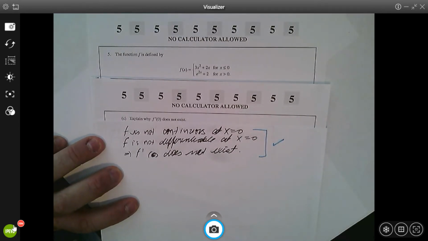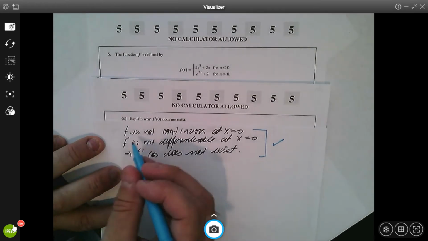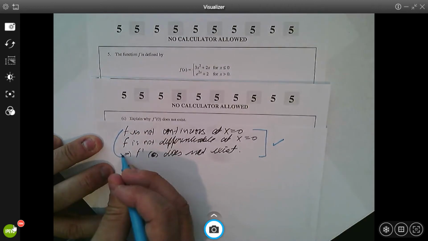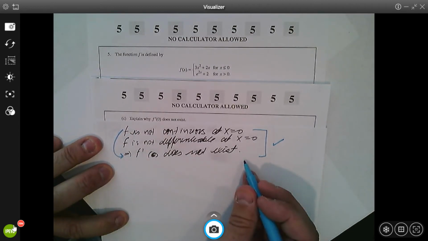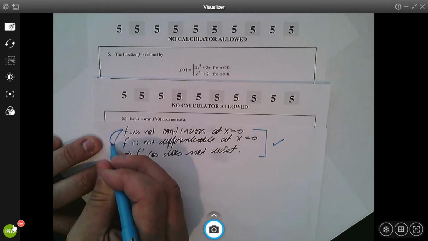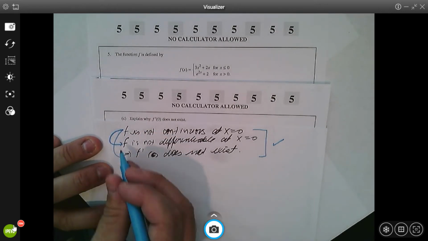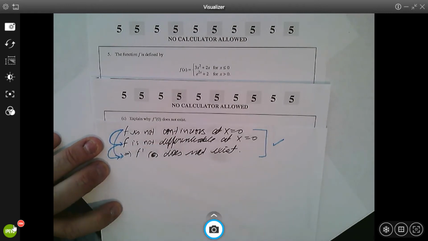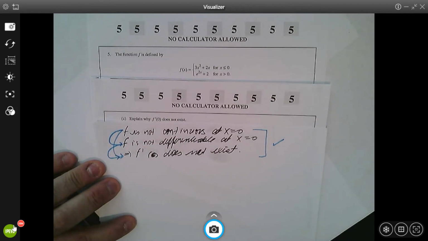Now, here's what I don't know. Can you just make the statement f is not continuous at x equals 0, and that implies f prime of 0 does not exist? Or do you have to say f is not continuous, so f is not differentiable, and since f is not differentiable, f prime of 0 doesn't exist? I'm not really sure.